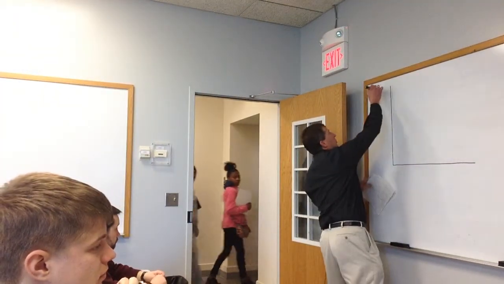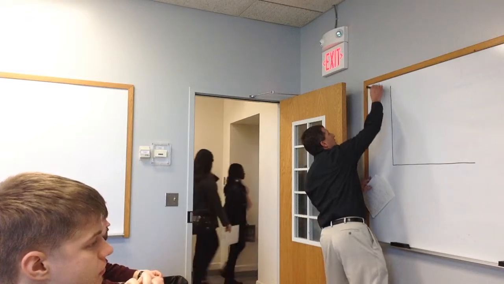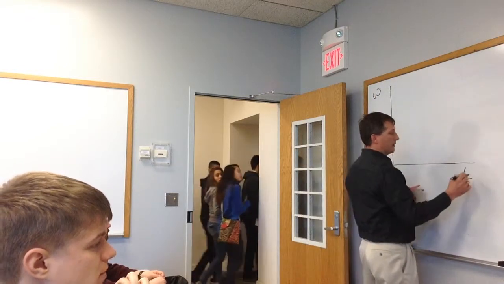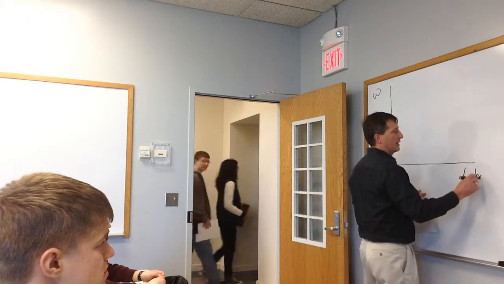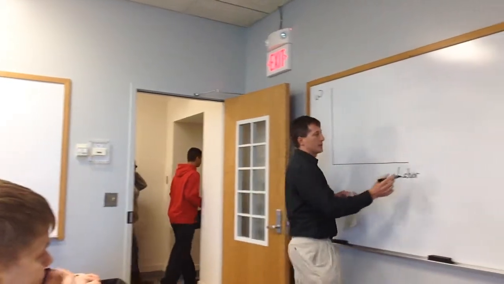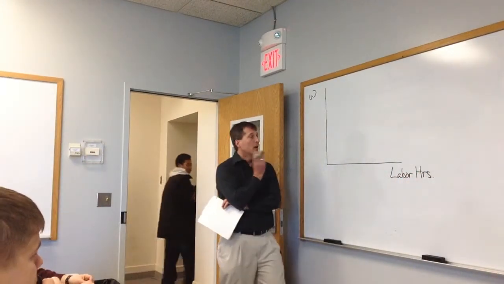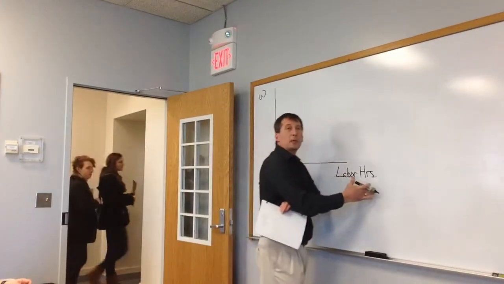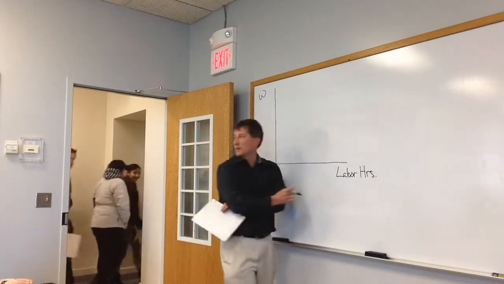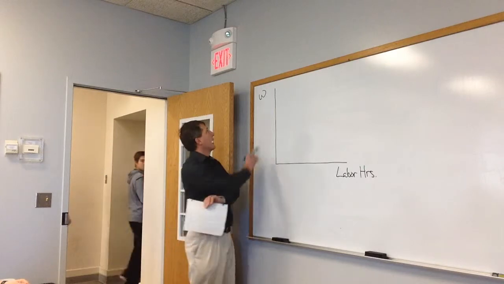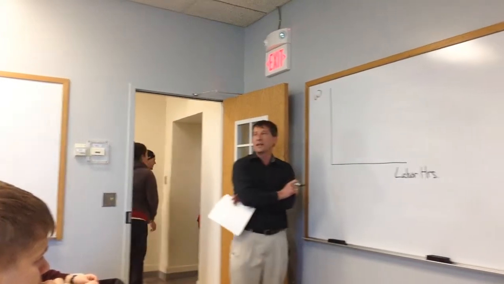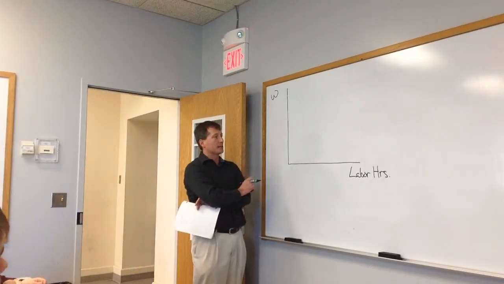So remember, this is one labor market, one market of four that we're going to try to use to explain the world a little bit better. First of all, note that we're measuring labor hours along the horizontal axis, and the real wage on the vertical axis.